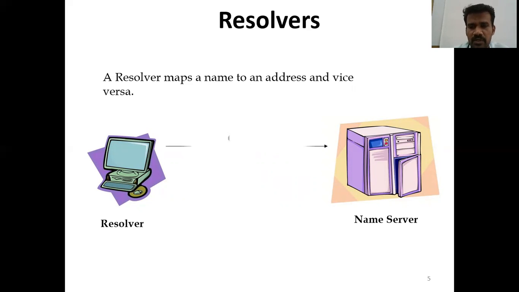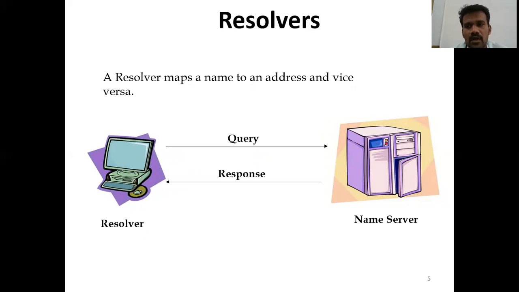So if a resolver sends a query to a name server asking what the IP address of www.yahoo.com is, the name server will look into its database. If it can find an IP address in the database, it will return a response saying that this is the IP address for the request you sent as a query, www.yahoo.com.